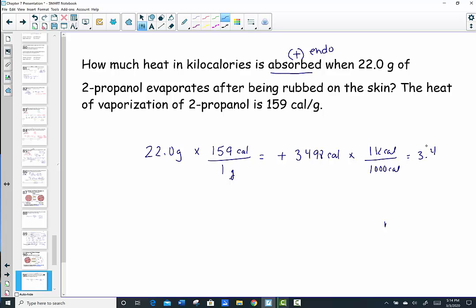And I should probably round to 3 sig figs. There's 3 sig figs, and the answer there comes out in kcal. And I know it's positive because of the word clue saying heat is absorbed, making it endothermic.